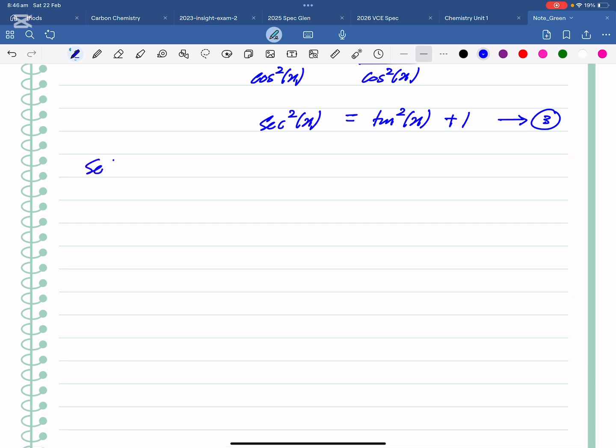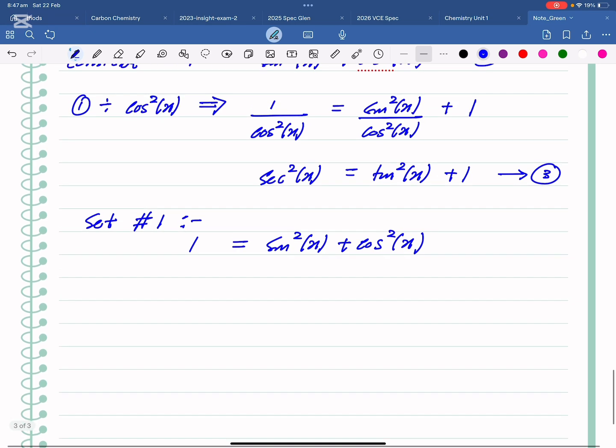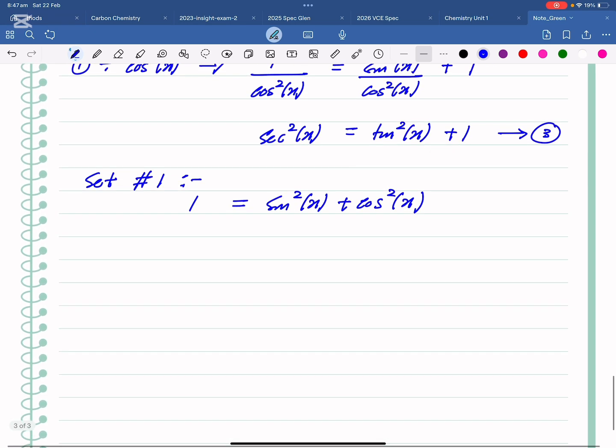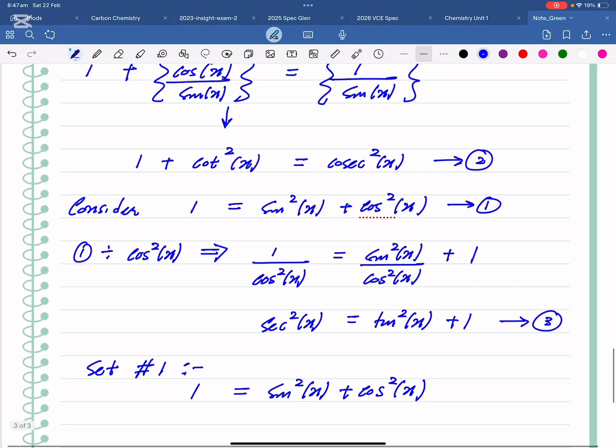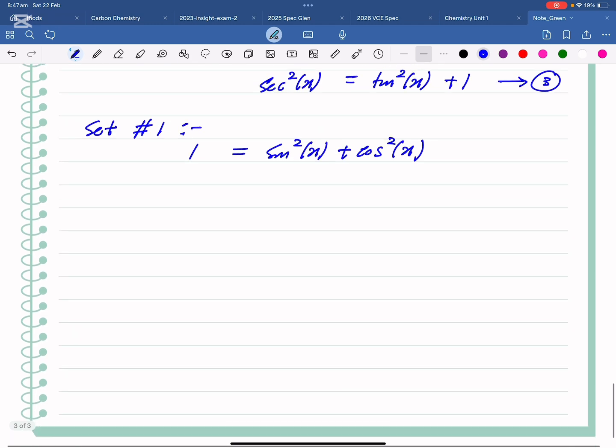So the first set is done. Set number 1 is done. What we did was simply derive this one from the right angle triangle. Then we divided this by sin squared and cos squared. When you divide by sin squared, we got 1 plus cot squared, so cosec squared x is equal to 1 plus cot squared x.